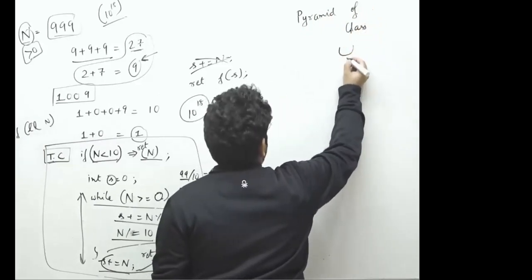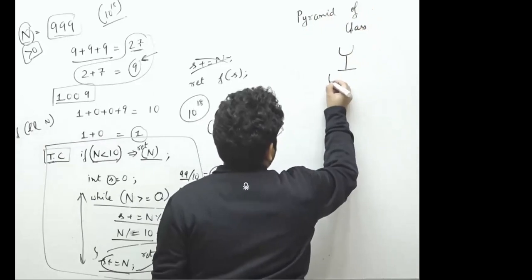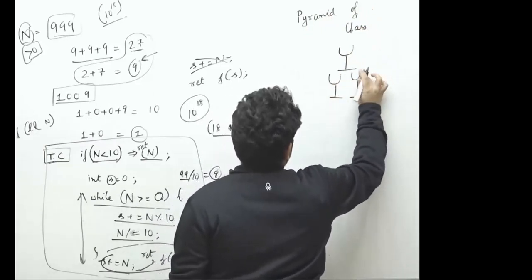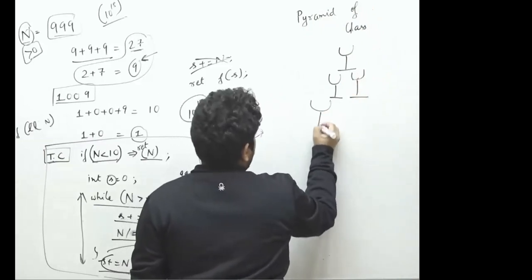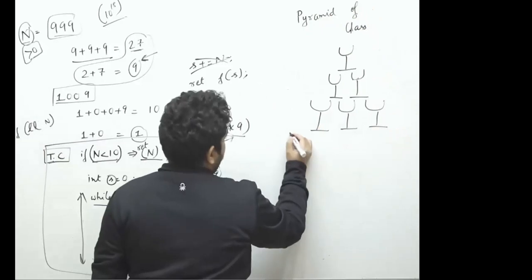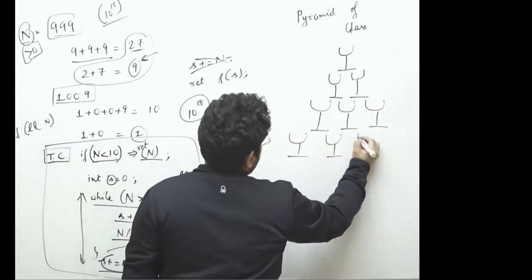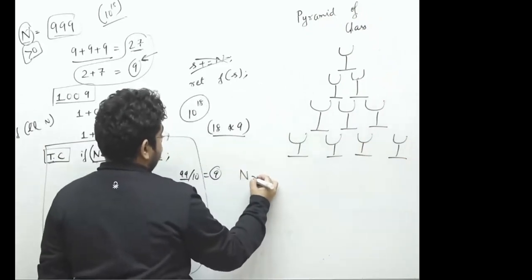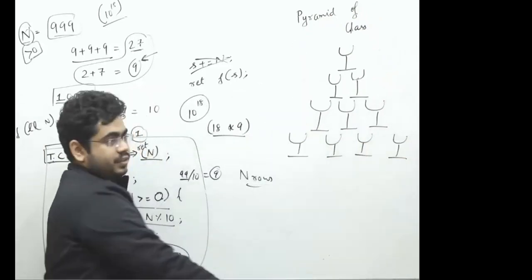So it says there is a setup like this. There is a glass here. Then there are two glasses like this. Then there are 3 glasses like this below it, then 4 here. This kind of setup for n rows. So n rows of glasses like this.